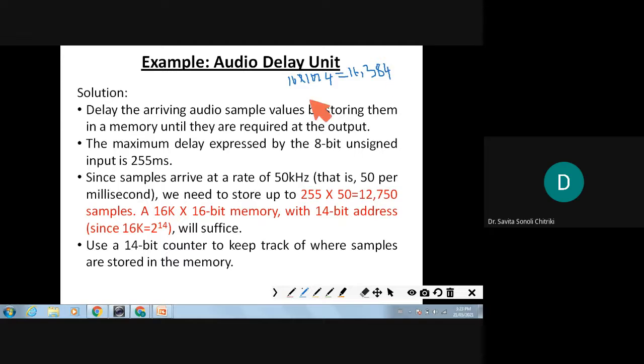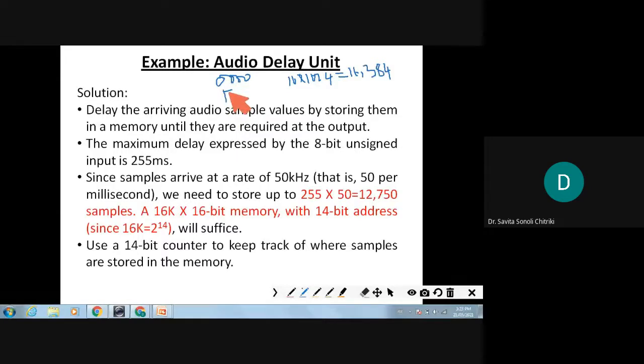How do you calculate the starting and the ending address? The starting address is 0000. What is the ending address? Whoever says it will get 1 mark extra. What will be the ending address in hexadecimal if the starting address is 0000? All F's.